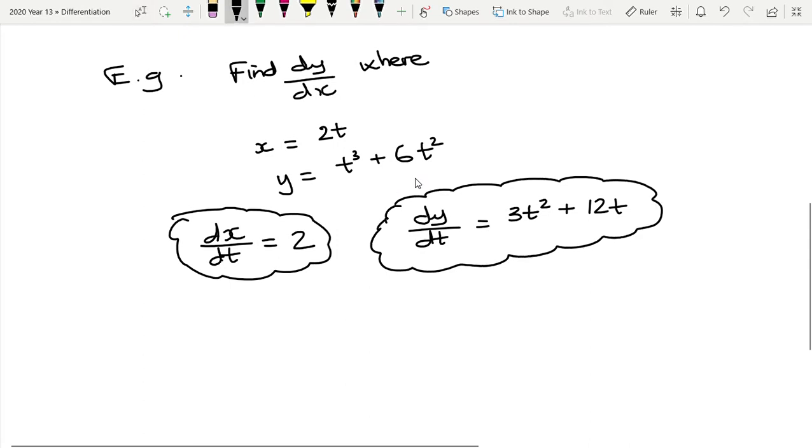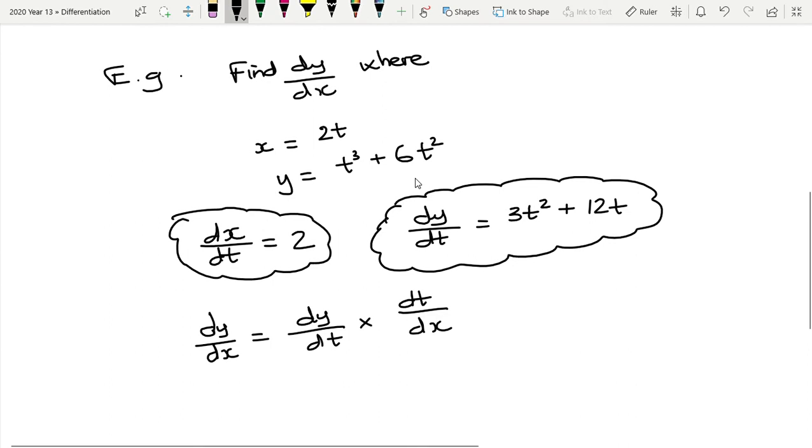Because we are finding dy over dx, we can do this trick right here: dy over dx is going to be dy over dt times dt over dx. You see that we borrowed the dt down here and also dt up here. It's going to split the fraction.